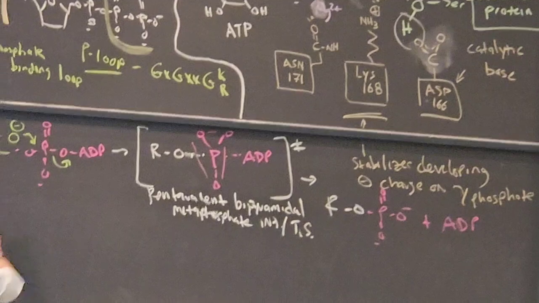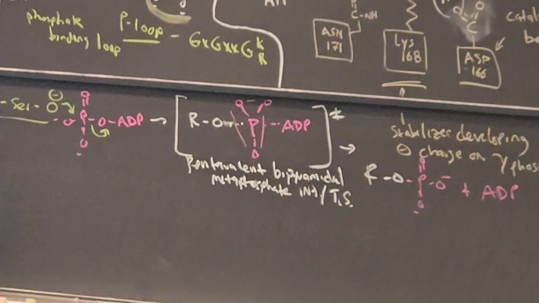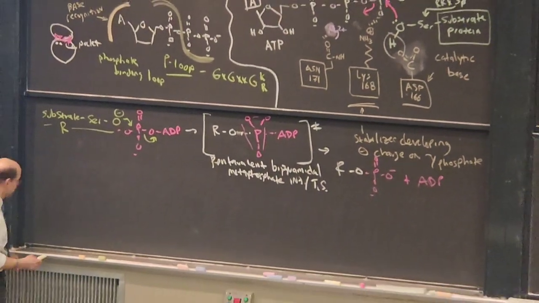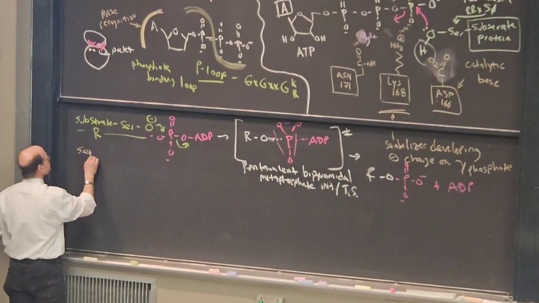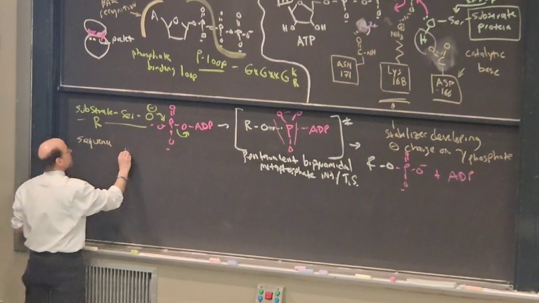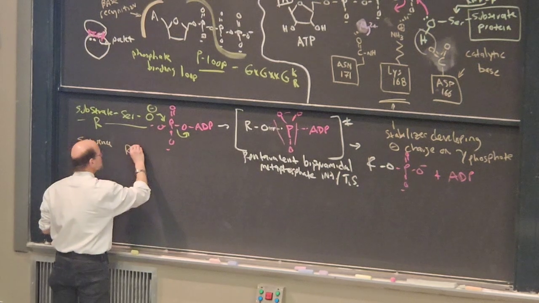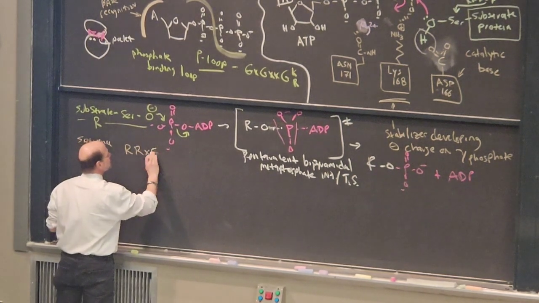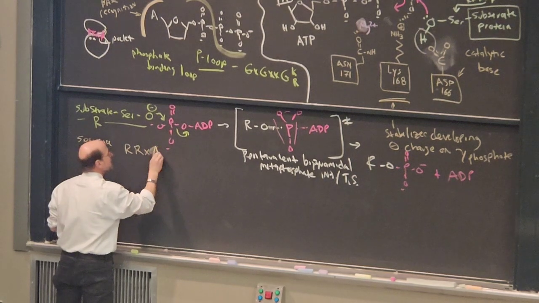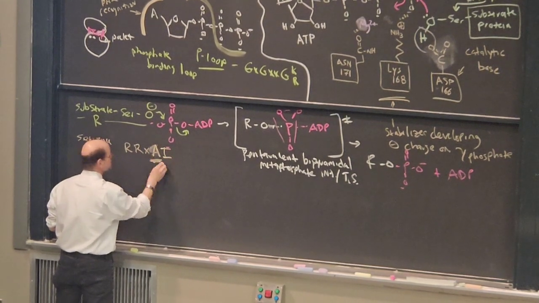And now, let me ask you, suppose I had a substrate that looked a lot like a perfect substrate for PKA. So suppose I had a sequence that read arginine, I can't remember what this is. Instead of serine, I had an alanine, and I followed that by isoleucine.